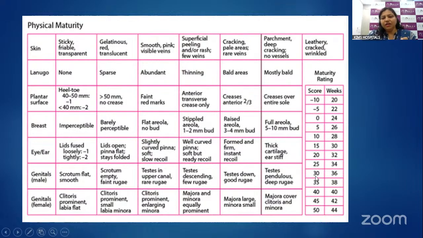If the child is, for example, born at 36 weeks and the score is 25, then you should give the maturity age as 34 weeks. And if the child gets a score of 30, then definitely you will say that the child is age-appropriately matured. Okay. So this is the way you can learn about the Ballard score.